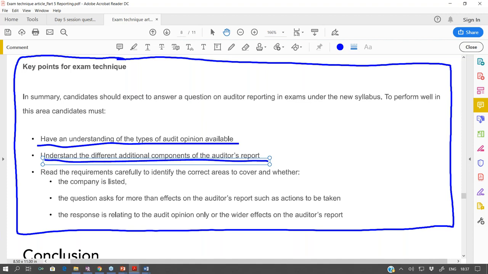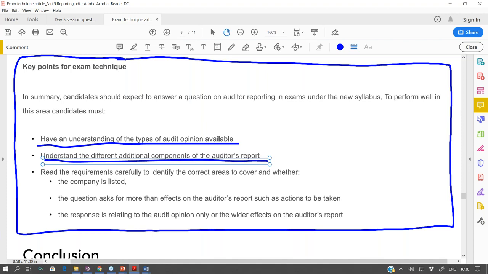Then there is another additional component known as key audit matters, KAM. Then there is another known as the emphasis of matter paragraph. Then another known as the other matter paragraph. And then another known as the other information paragraph.